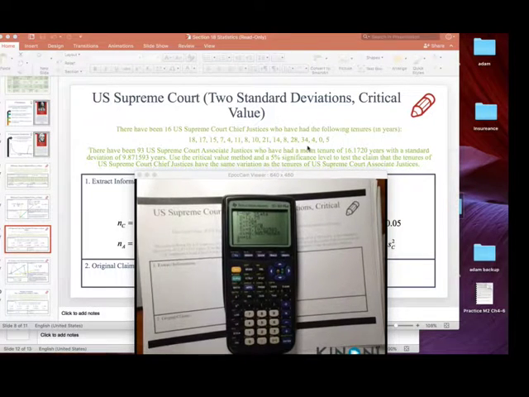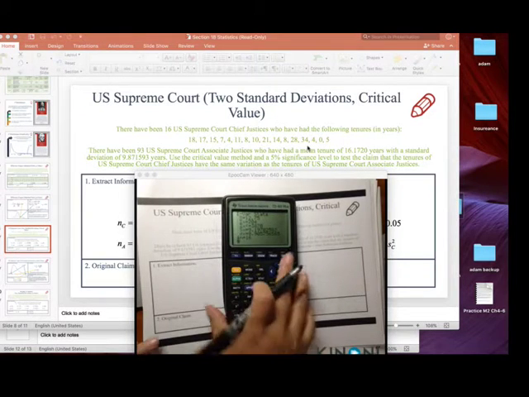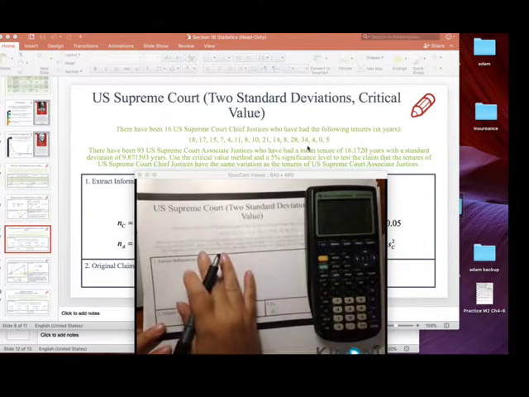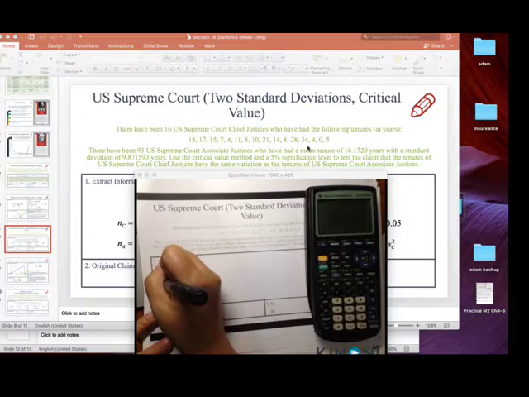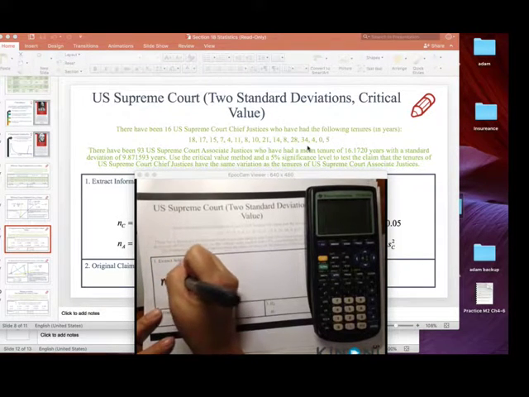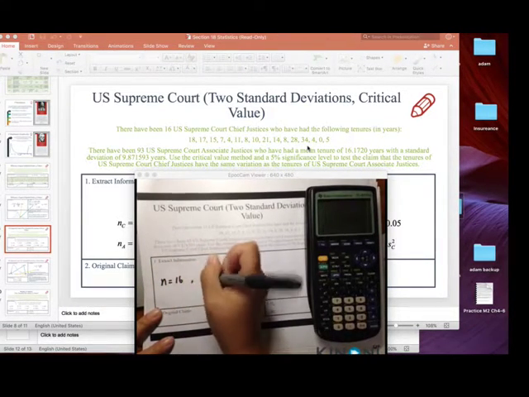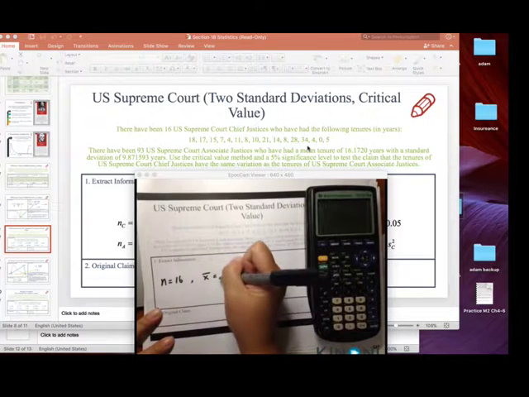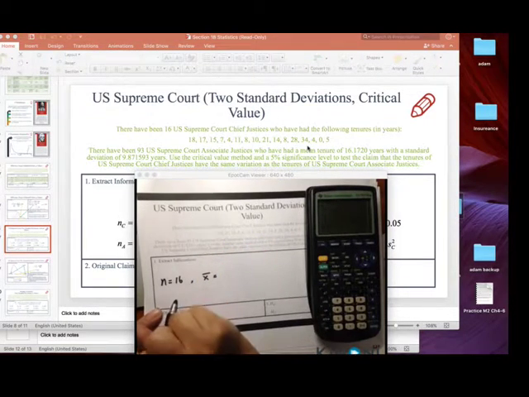Okay, so before we decide which one is gonna be your population 1, which one is gonna be your population 2, I'm gonna write down this information. Okay, so I have n equal to 16. The mean here will be 12.75.